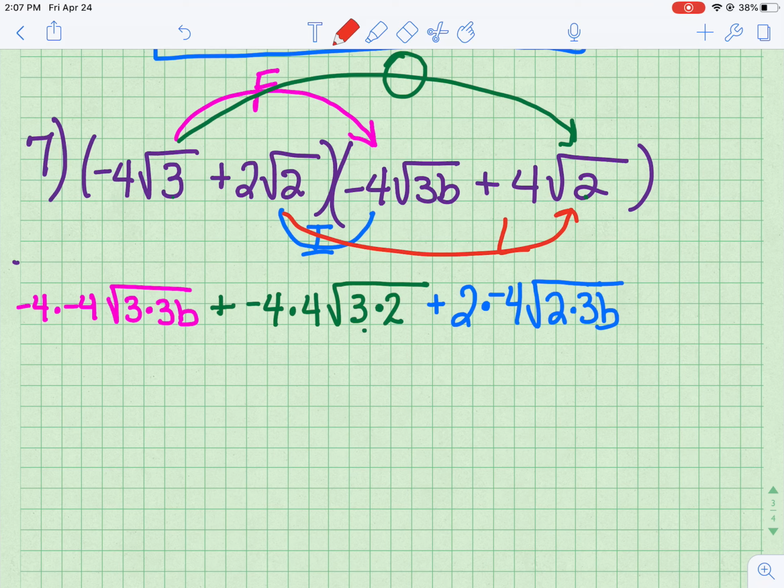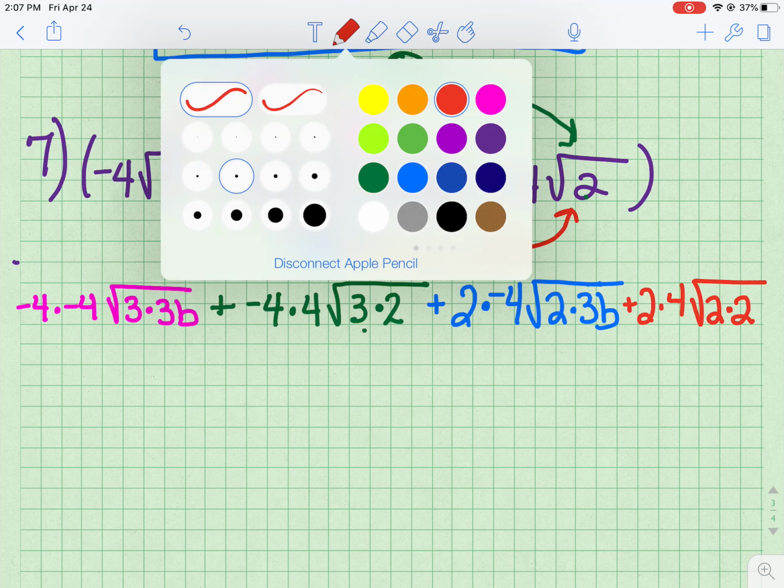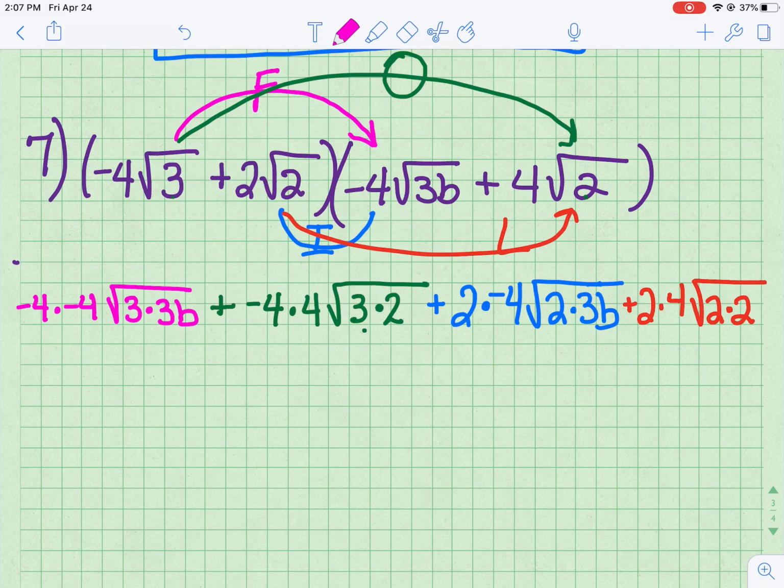That's going to be 2 times 4 root 2 from the first one, and there's also a 2 in the second one. So now we're going to go back and do any jailbreaks we can do and multiply anything we can multiply. In that pink radical, the 3's can escape.